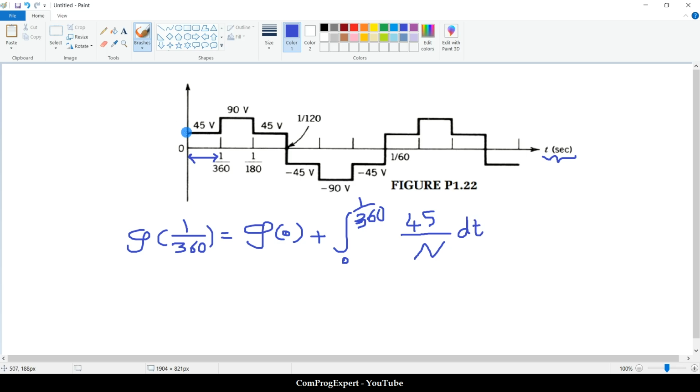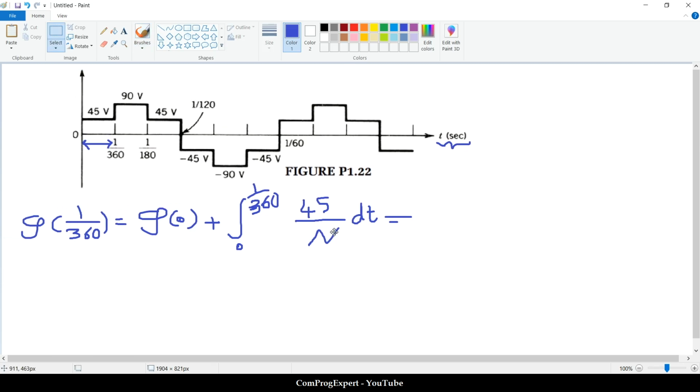The unit of t is second. The value of the function is constant, 45, so this is equal to phi 0 plus 45 divided by N times 1 divided by 360, this time interval t1.